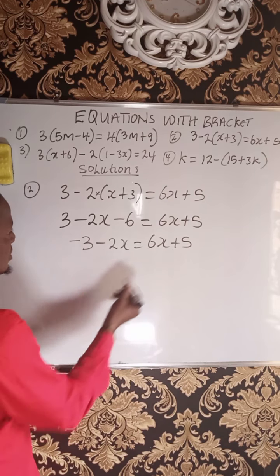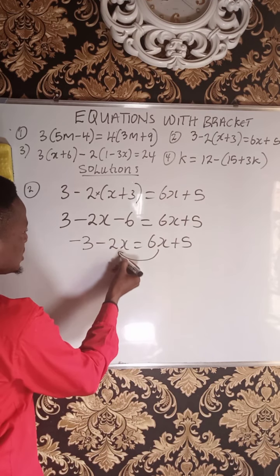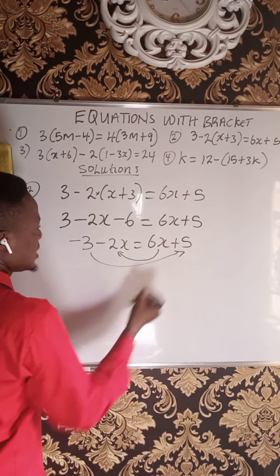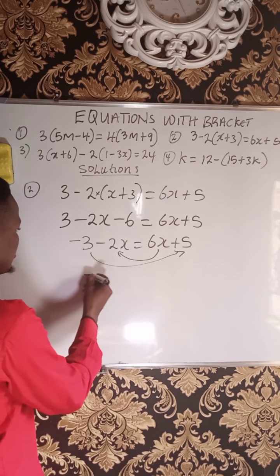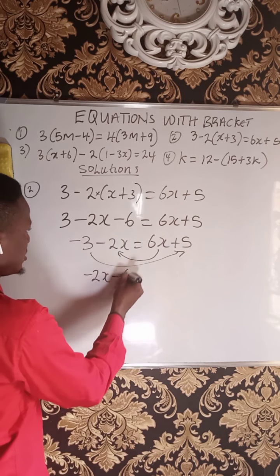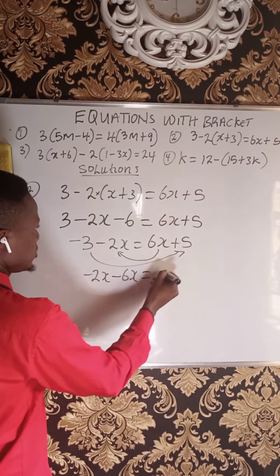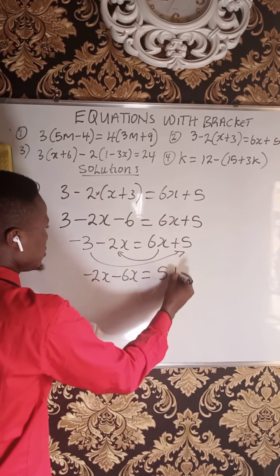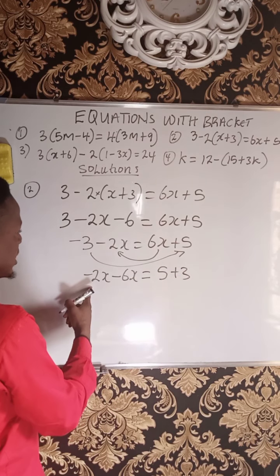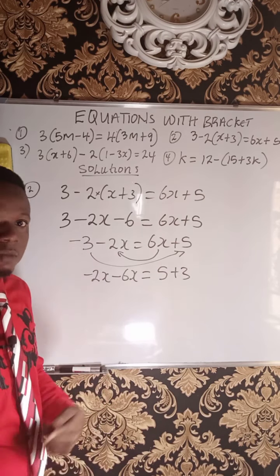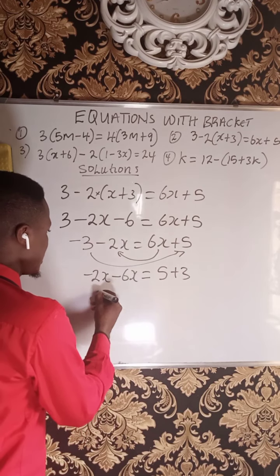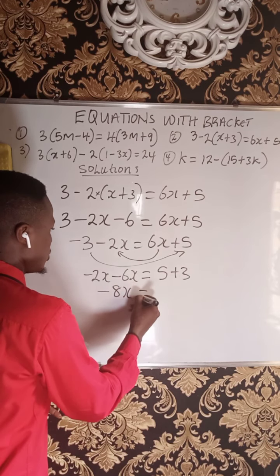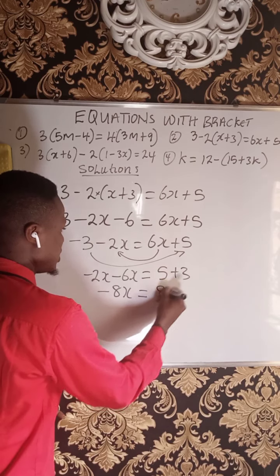Now collect like terms. This 6x will meet this minus 2x, while this negative 3 will meet 5. So we shall have minus 2x minus 6x equals 5 is here already. Minus 3 crossing over becomes plus 3. And minus 2x minus 6x is equivalent to minus 8x, minus 8x equals 5 plus 3 is 8.